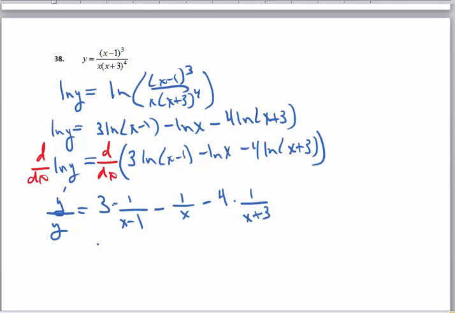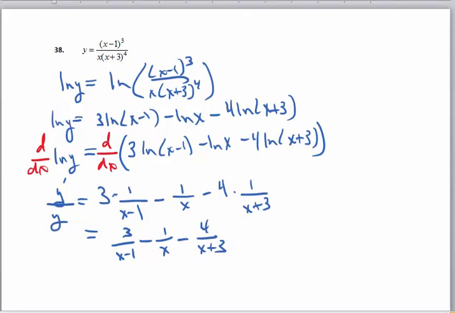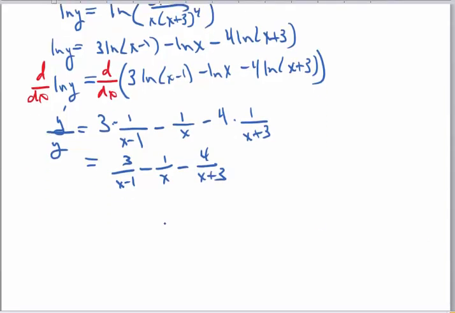So what we have here, if I just want to simplify this, is 3 over x minus 1 minus 1 over x minus 4 over x plus 3. And then if you remember how to do this, all we do now, this is y prime over y, and y prime is what we're trying to solve for. So we just multiply by y on each side. And we're essentially finished.